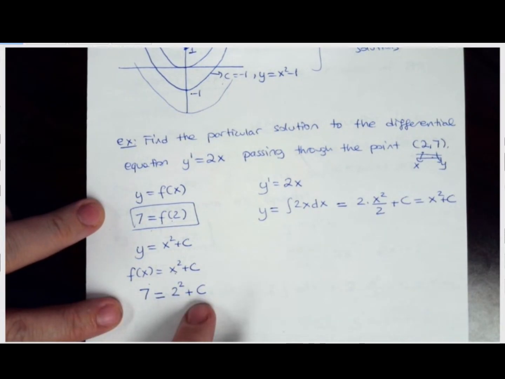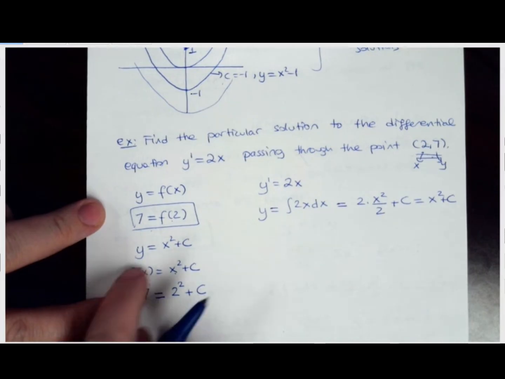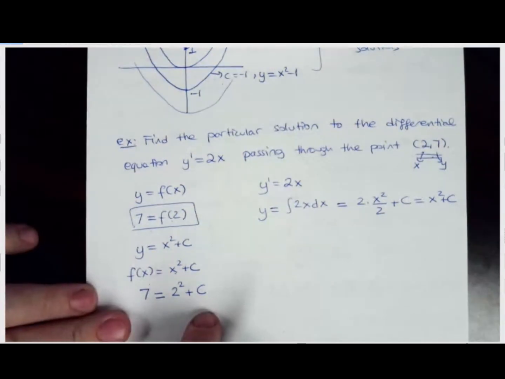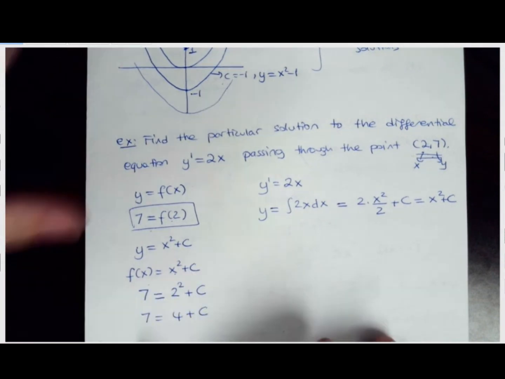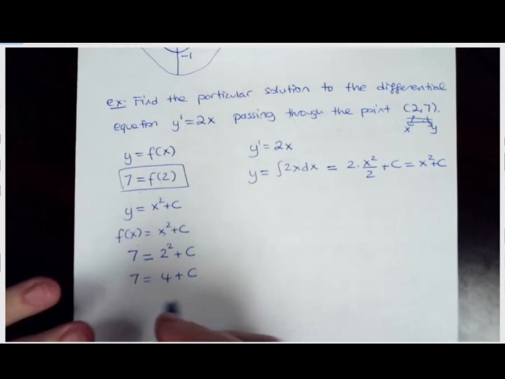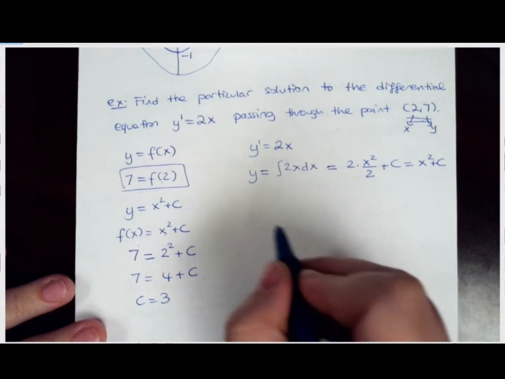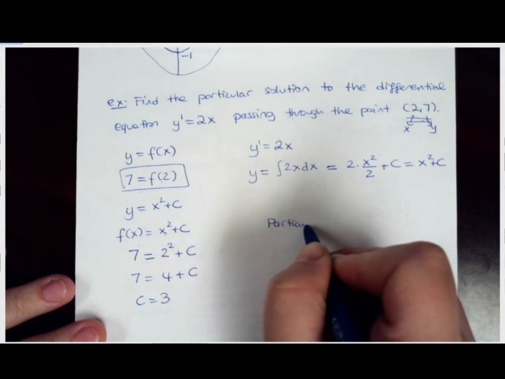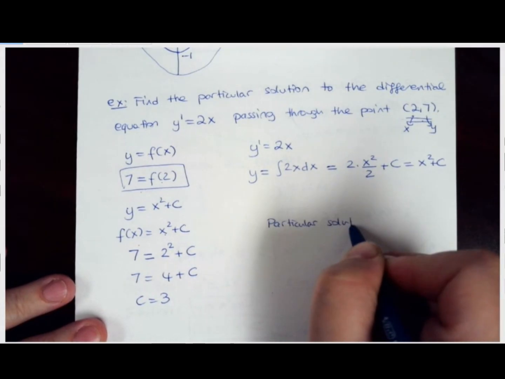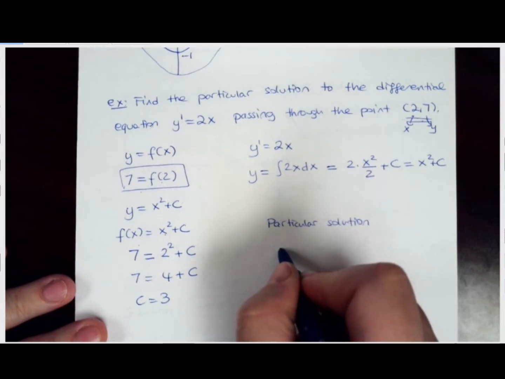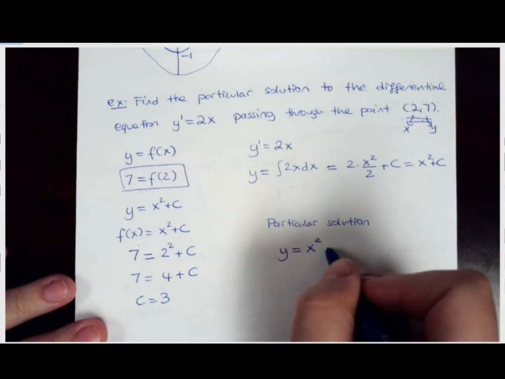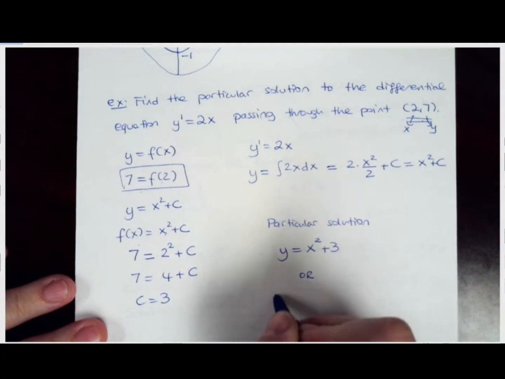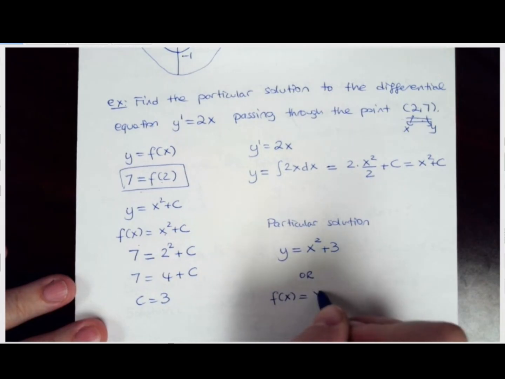The particular solution that we are looking for should satisfy this equation. So 7 equals 4 plus c. Therefore, c is 3. So the particular solution to this equation would be the function y equals x squared plus 3, or f of x equals x squared plus 3.